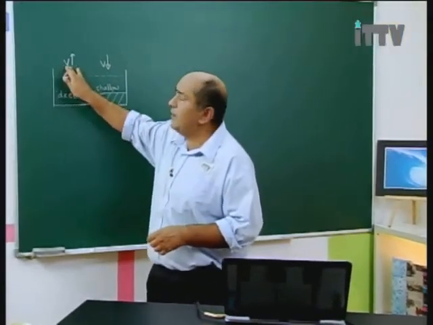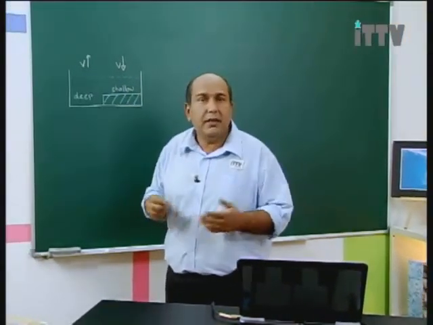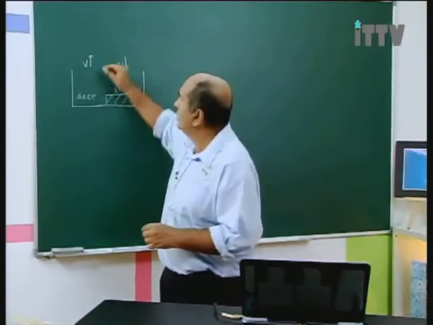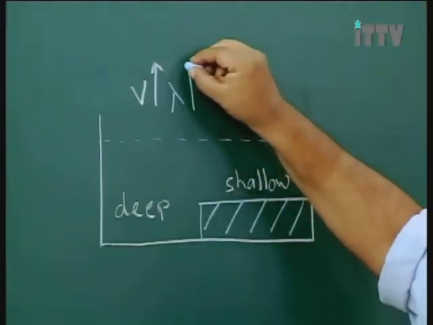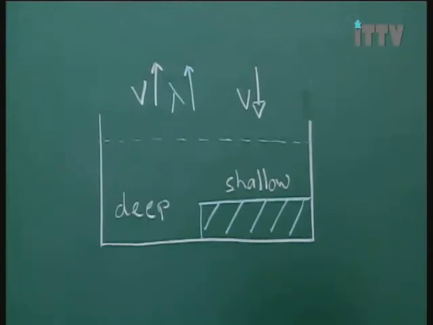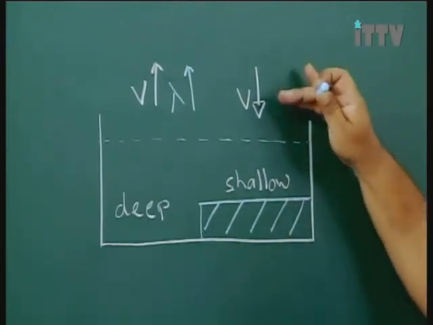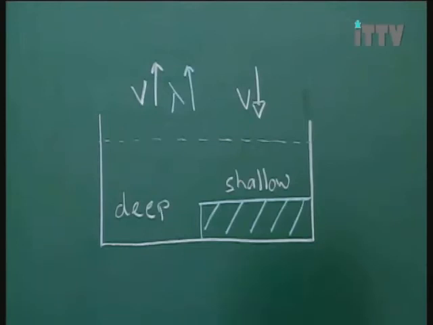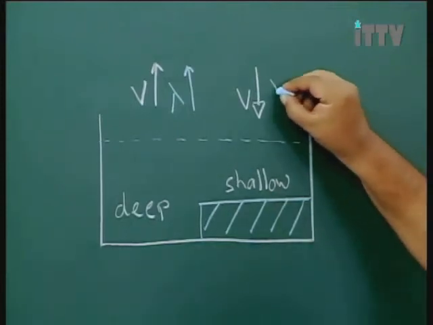Over here we have a high velocity, which means the wavelength is going to be long. Lambda is also great. In the shallow region, our velocity is decreasing. And as we saw, the wavelength in the shallow region is a shorter wavelength, which means that lambda here is also decreasing.